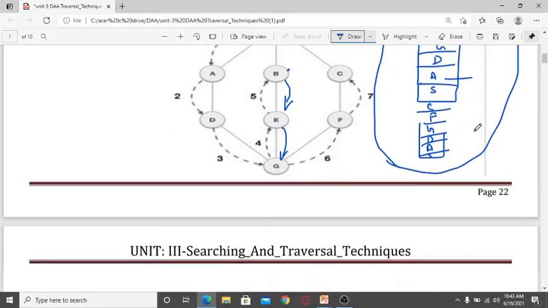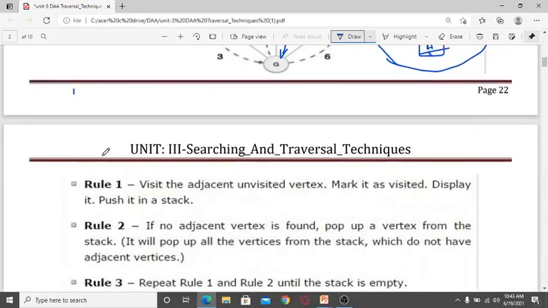So that item we need to add in the stack. The first rule is, whatever adjacent vertex is unvisited should be visited and displayed in the stack. Next, rule number 2, if no adjacent vertex is found, then pop a vertex from the stack. It will pop all the vertices from the stack which do not have adjacent vertices.